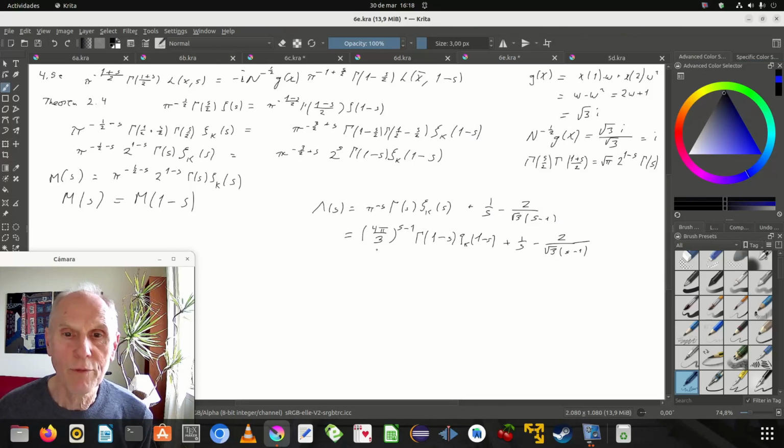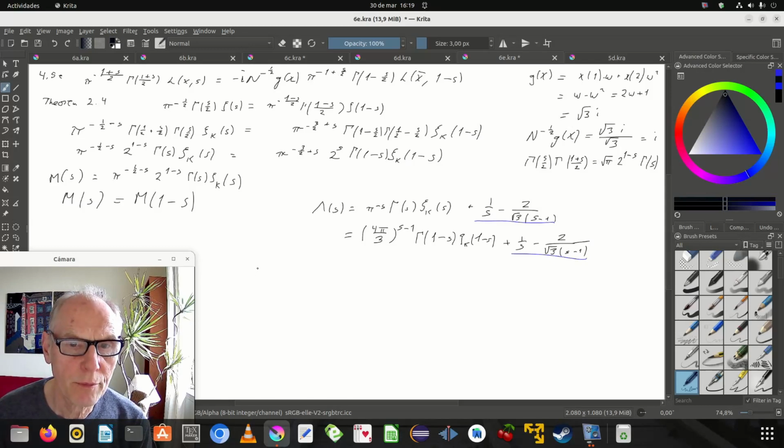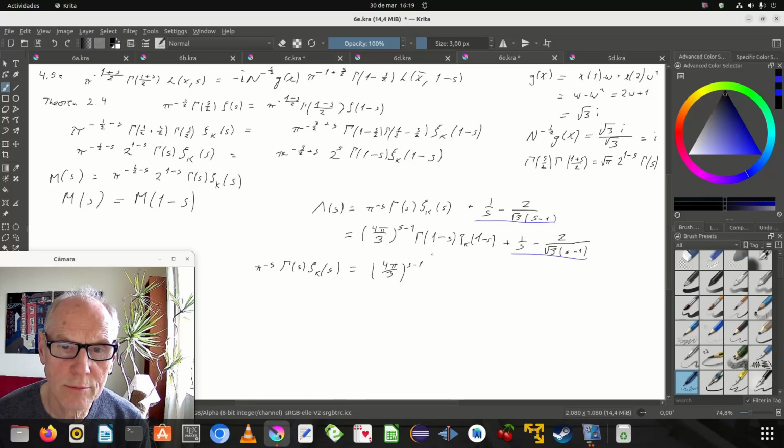All right, here we have the formula. These parts agree. So we are left with pi to minus s, gamma of s, zeta k of s equals 4 pi third to s minus 1, gamma of 1 minus s, zeta k of 1 minus s.